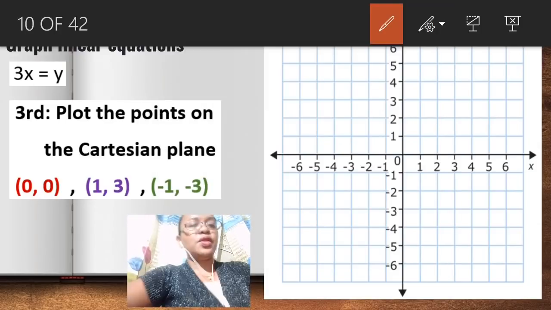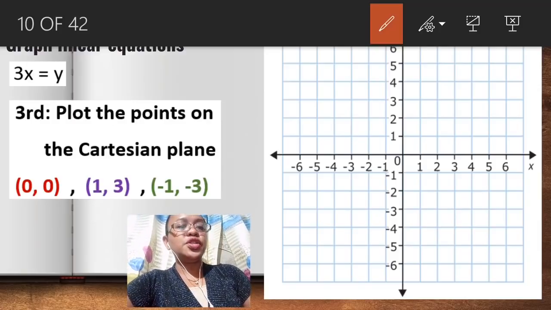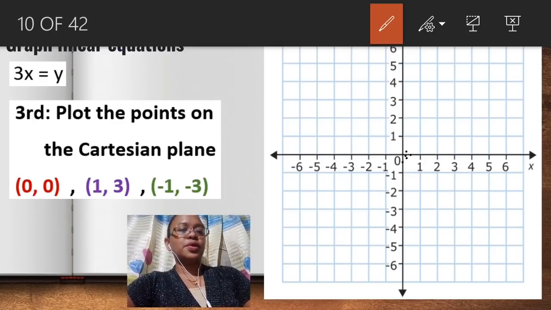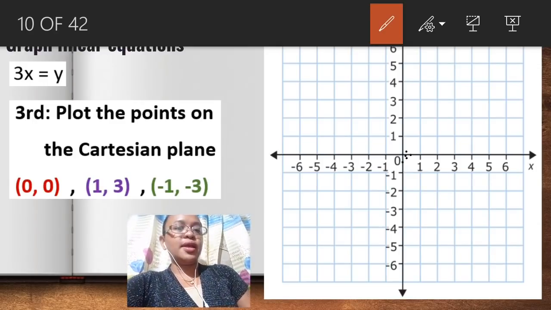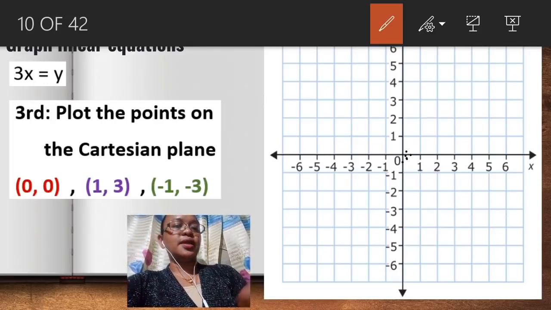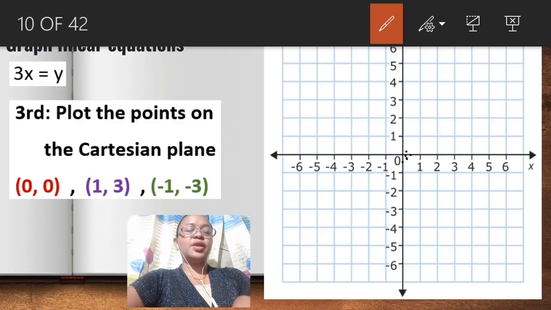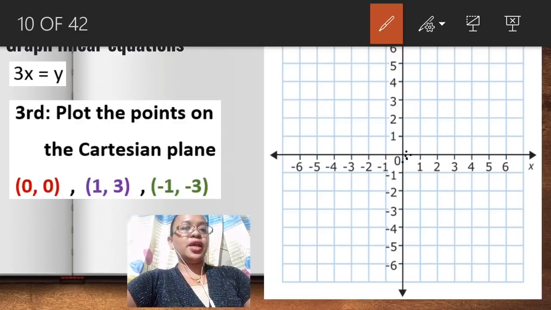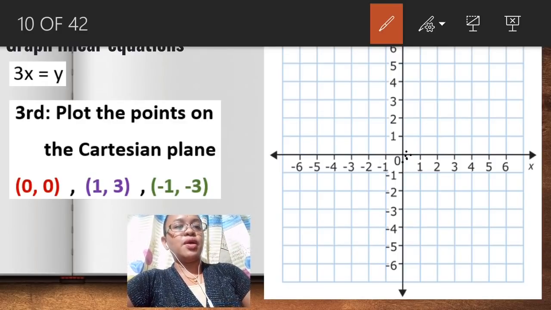So the origin is this one. That one. Okay, that is the origin. And then the 1, 3 is here. 1, 3 is above here.